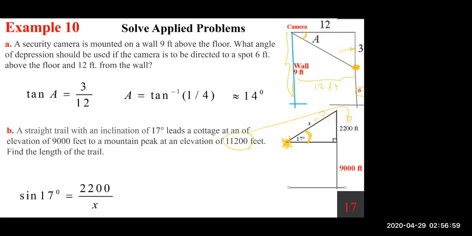So how do you find x? x is therefore 2,200 over the sine of 17 degrees, okay?